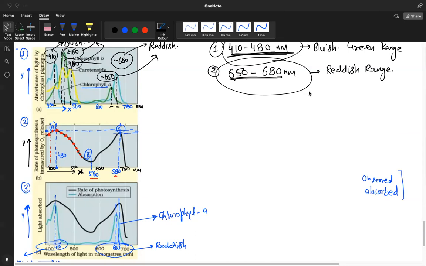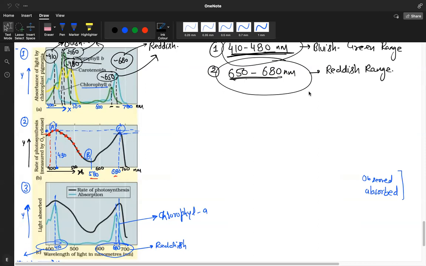So can we say that these graphs are actually helping to prove Engelmann's experiment, the results that Engelmann inferred? Right. What are the second and third graphs? The second graph shows the rate of photosynthesis. The maximum rate of photosynthesis, determined by the release of oxygen per time period, is at 430 nanometers and 680 nanometers.